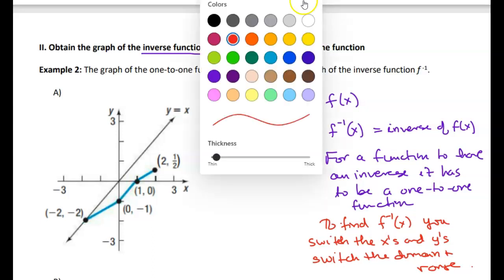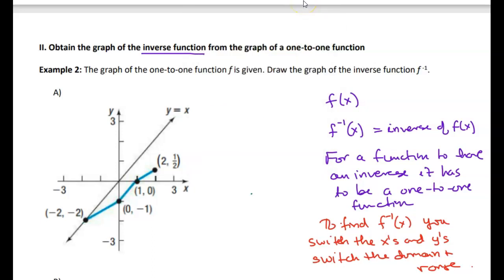So because you flip x's and y's, what happens is that the function and its inverse are symmetric across the diagonal. So if you graph it, they're symmetric across the diagonal line of y equals x.